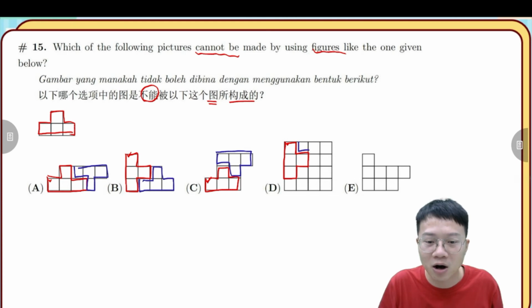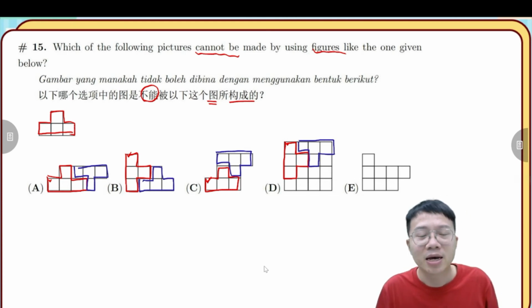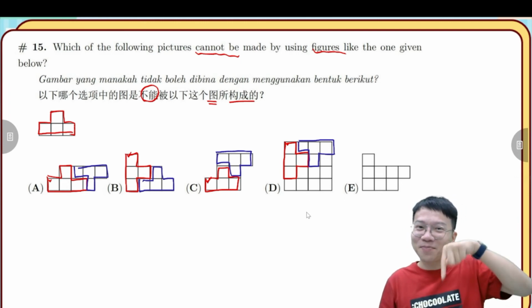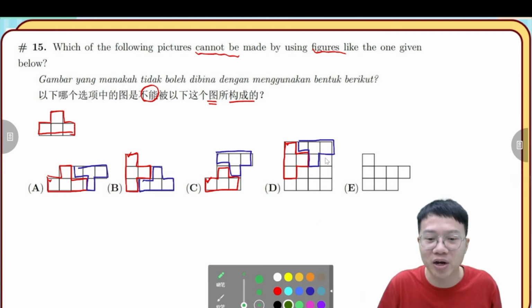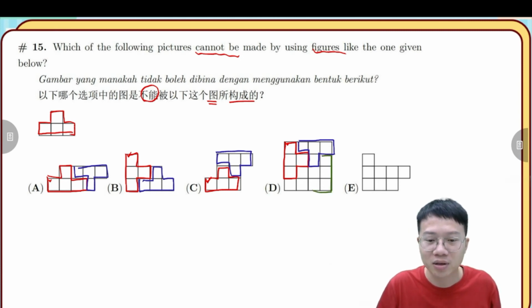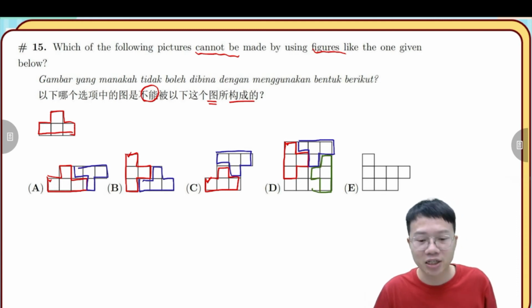So what about on the right? 右边应该有一个，对不对？Here. Yes. And do we have another one? Yes. Where is it? Yeah, below, right? So here, let's draw the other one. It's somewhere here.